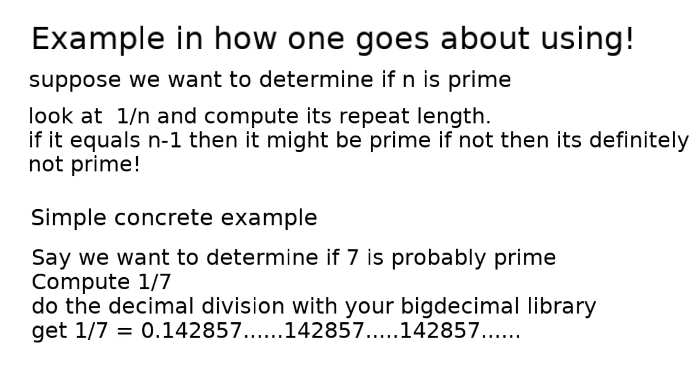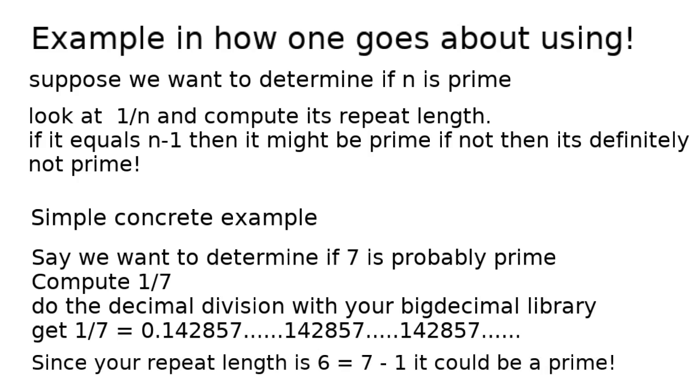In this case, 1 over 7 is equal to 0.142857 repeating over and over again, and you can see 142857 is 6 digits, and that 6 is 1 less than 7. So the repeat length is 6, which equals 7 minus 1.